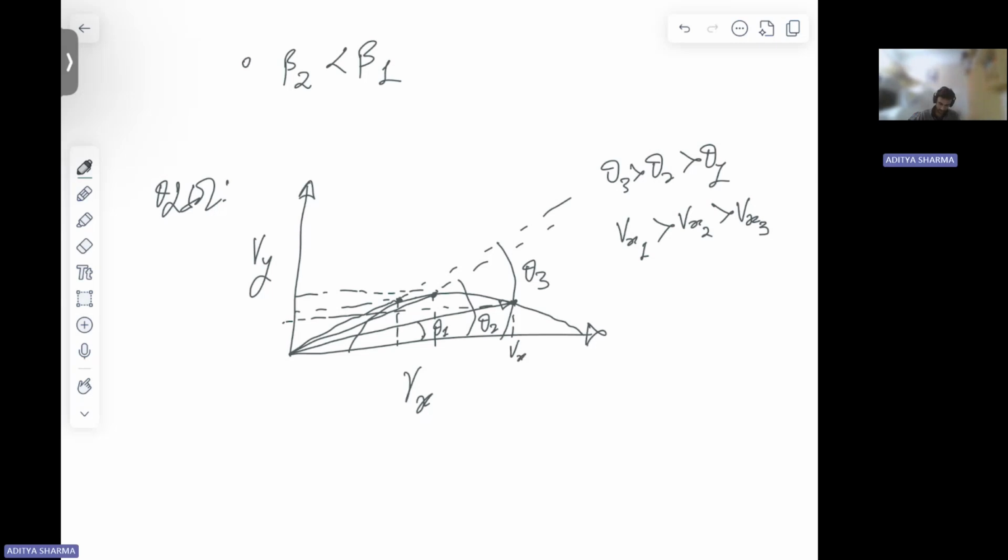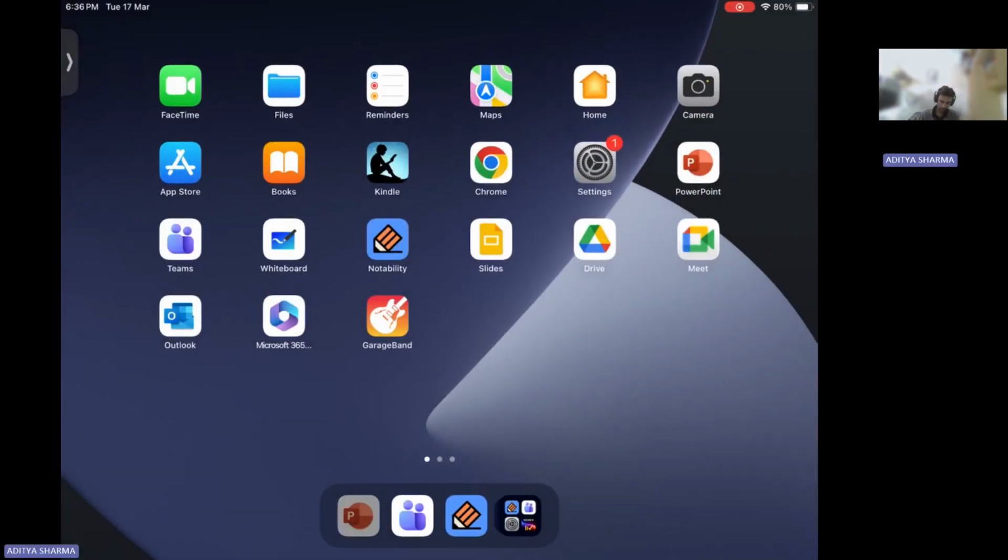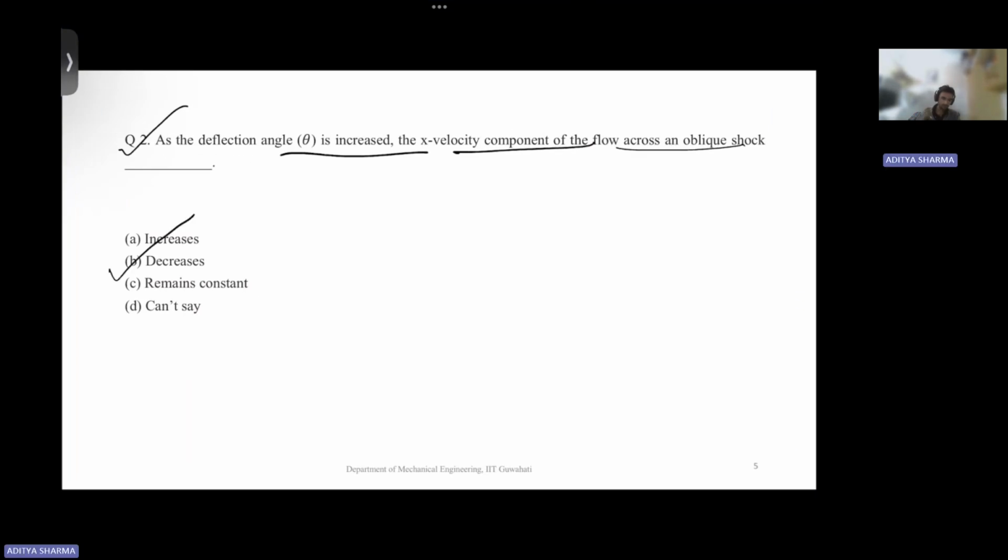So as you increase the deflection angle, the x component of the velocity decreases. So the second question will be the correct answer to this question.